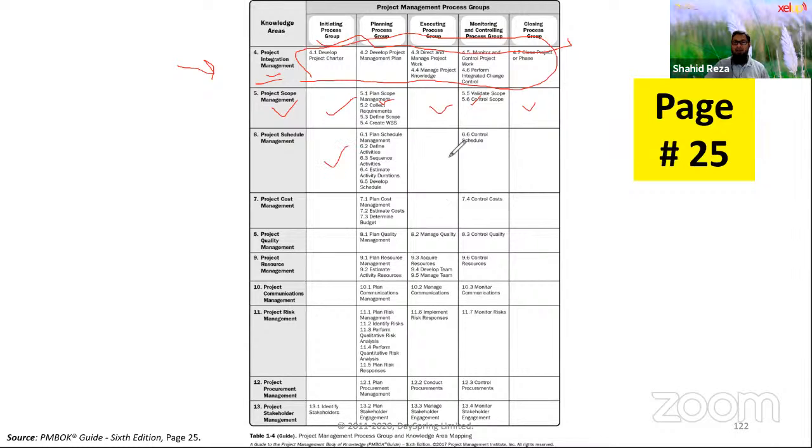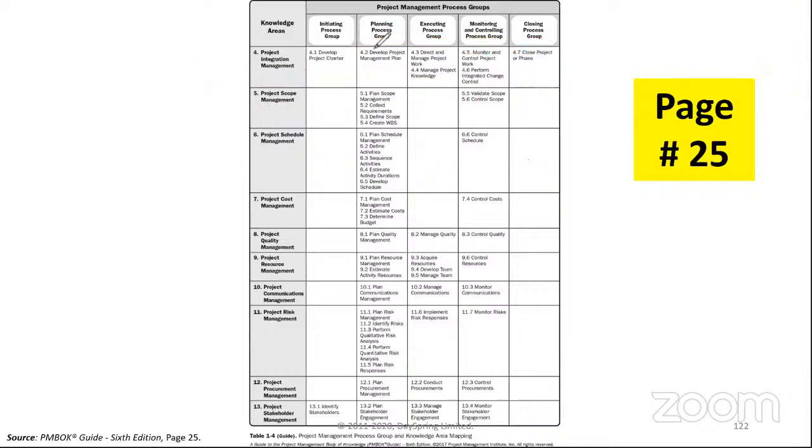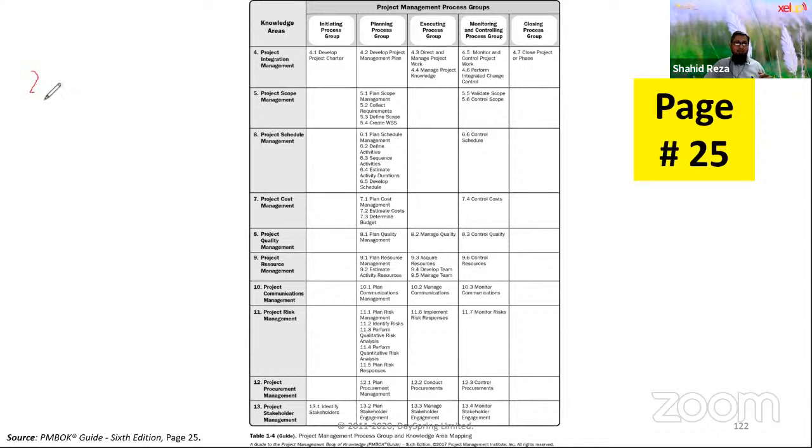In schedule, 3 are blank. In project stakeholder management, this is blank. But in integration management, in every process group, there are one or more processes. You have seen this? Okay, so this is the second point I am talking about. Integration management is the only knowledge area which touches every process group, but in other cases it is not seen.